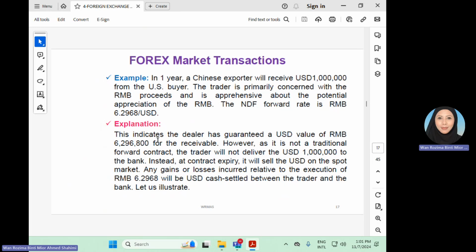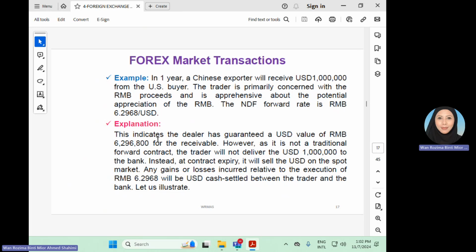In 1 year, a Chinese exporter will receive 1 million USD from the US buyers. So meaning to say the Chinese exporter will receive USD. But the currency of this Chinese exporter is renminbi, or we call it yuan.